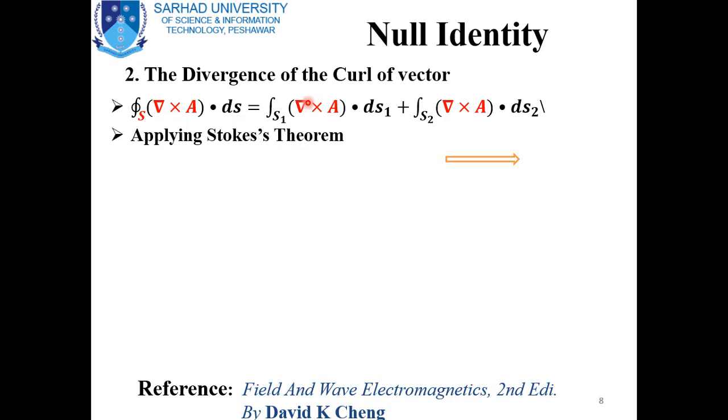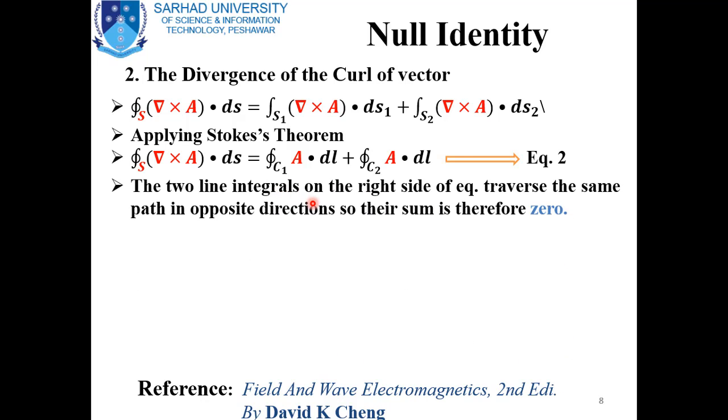So the right hand side of the above equation can be written in terms of the line integral by applying the Stokes theorem, giving the line integral of A dot dl over the closed path C1, and we can also apply the Stokes theorem to the second part of this equation and obtain a line integral of A dot dl over the closed path C2, as C1 and C2 represent two closed loops.